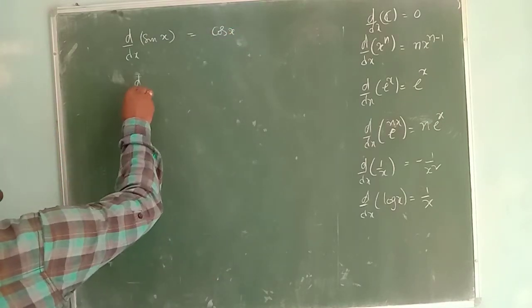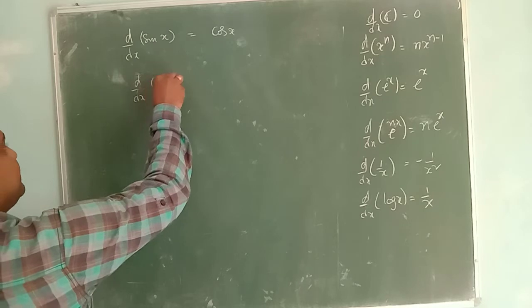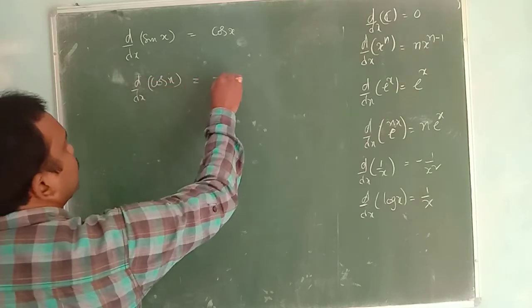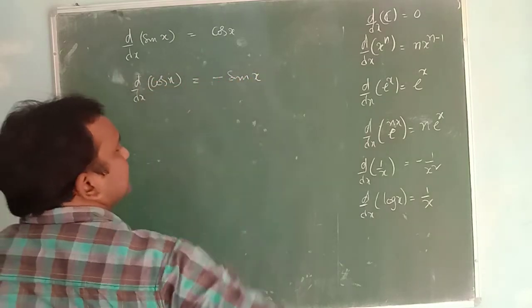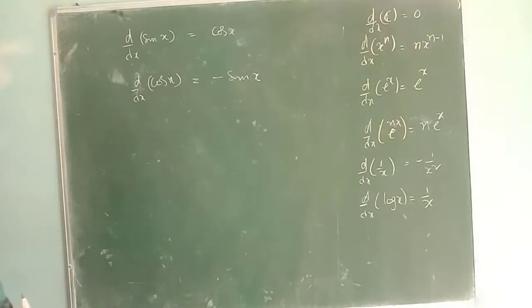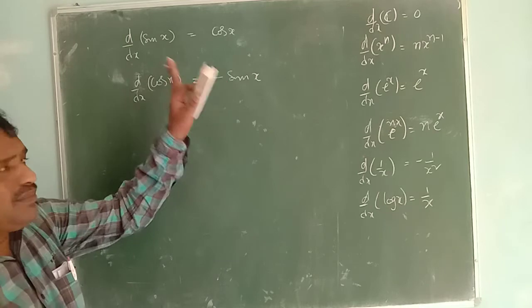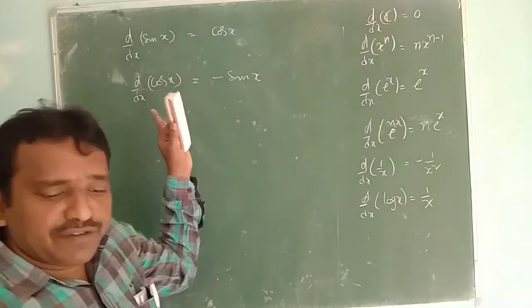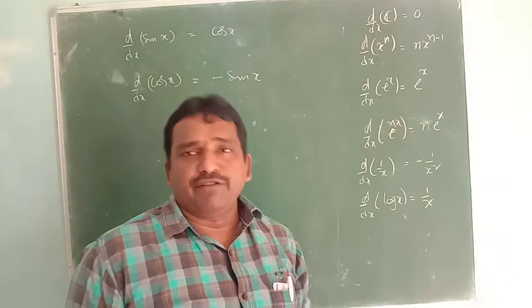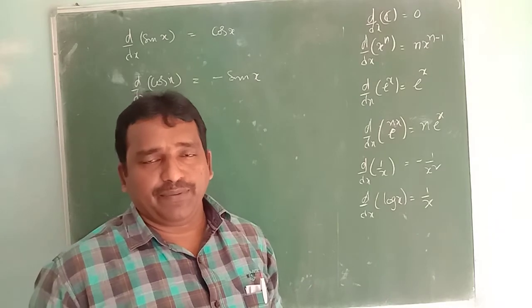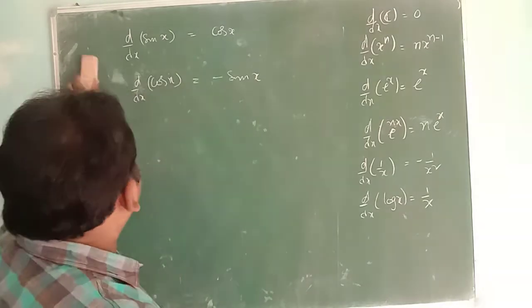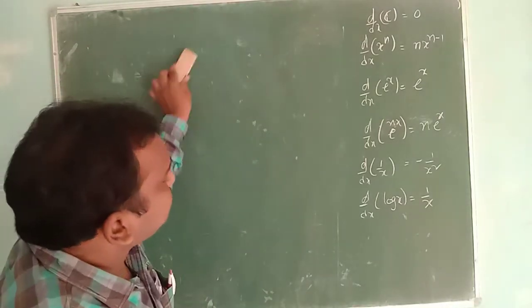If you are differentiating the cos x, then it will be equals to minus sin x. Okay, so these are very important in our differentiation in physics relevant formulas and problems. Let us see a few examples based on this.